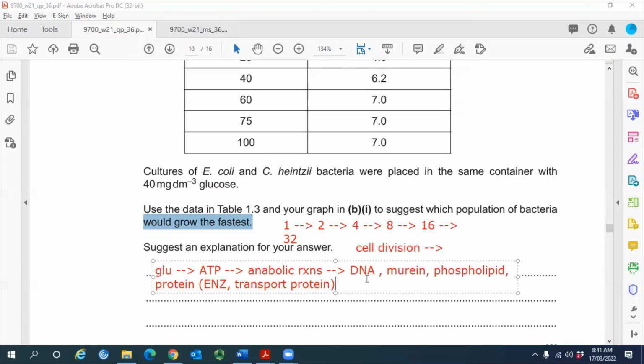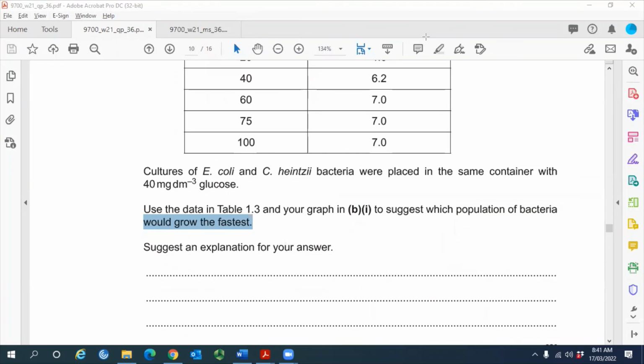So a lot of things need to be synthesized. All this leads to the growth of the bacterial population. Do you see or not? A population of bacteria grows by increasing the number, right? When you say human population, it increases in number. So that's why the answer is cell division.